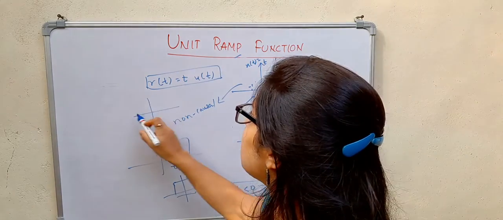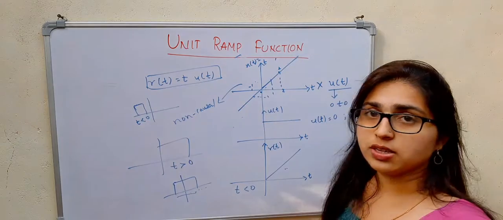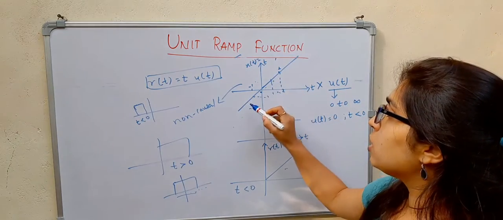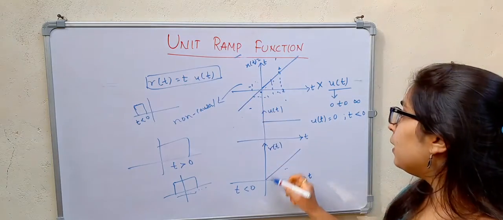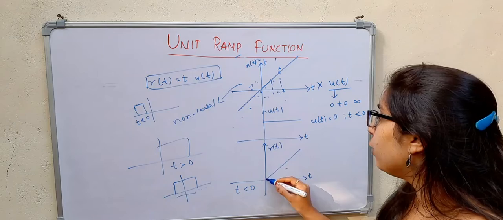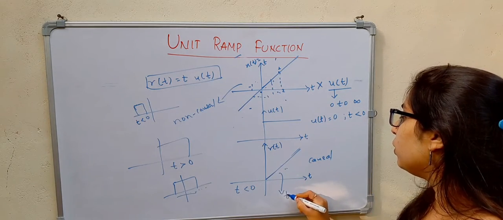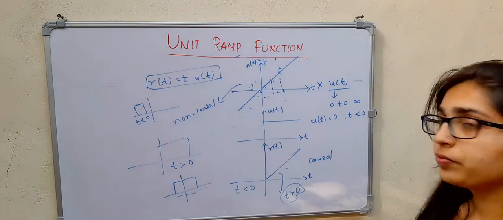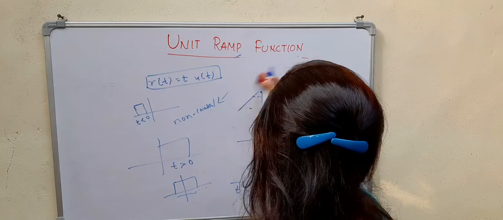If it has values only for t less than 0, then it will be called anti-causal. So this is non-causal because we have values for both t less than 0 and t greater than 0. But when it is multiplied with the unit step function, we get the causal one. This is causal because it is defined only for t greater than 0. So r of t is equal to t into u of t.